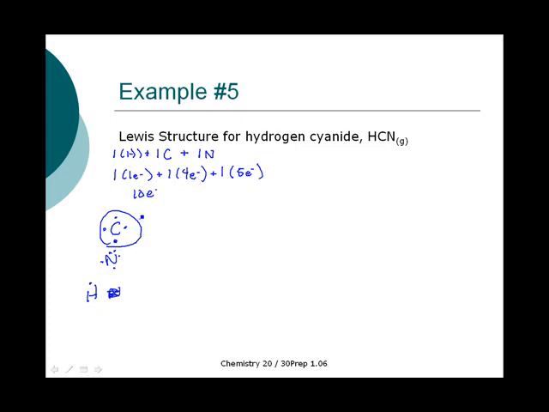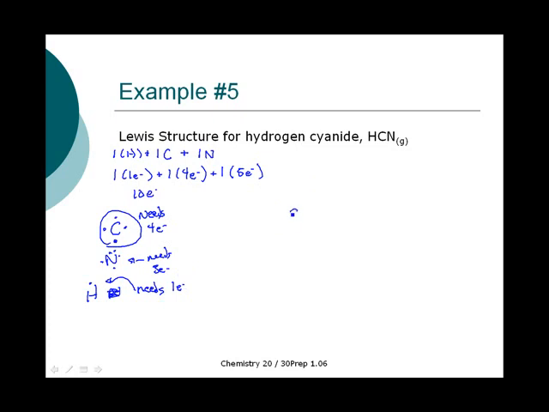It needs 4. Nitrogen only needs 3 electrons, and hydrogen needs only 1. Remember, hydrogen can only have 2 electrons in its valence orbital because it only has that first energy level for electrons. So the most deficient is carbon.